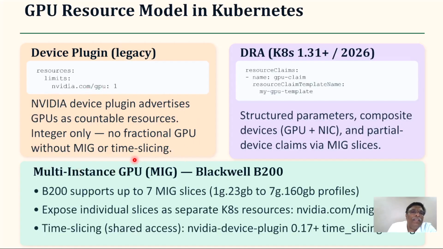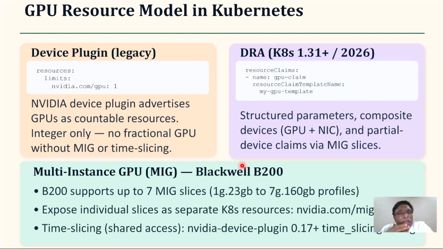Initially, since this concept of MIG was not there, this device plugin was treated as legacy, until MIG or time slicing came into the concept of GPUs. So multi-instance GPU, as we discussed, is available in Blackwell B200 or A100.